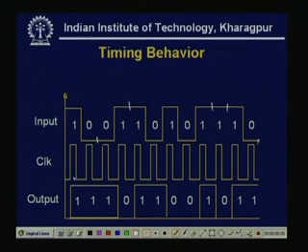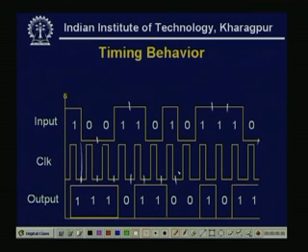So, for one full clock pulse, it is 1, up to this it is 1. Similarly, here it is 0 0 1 1 0, here it is 1, like that.